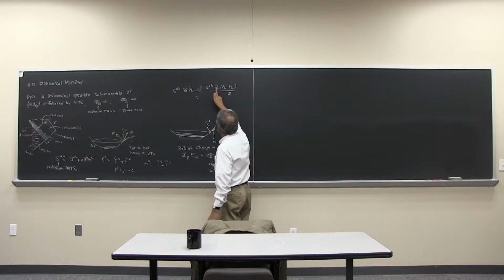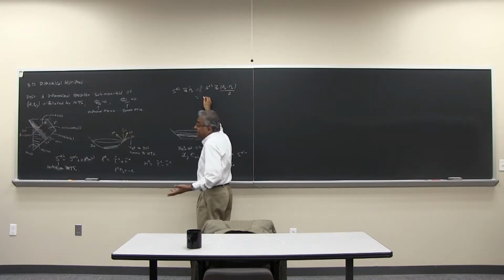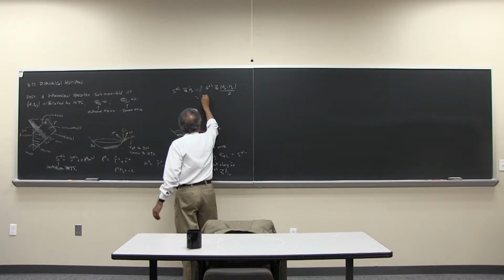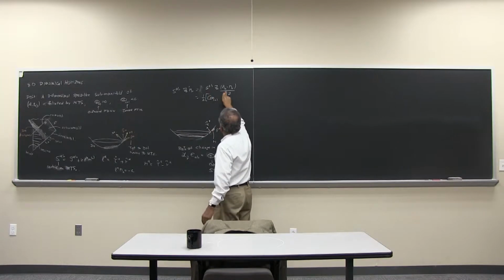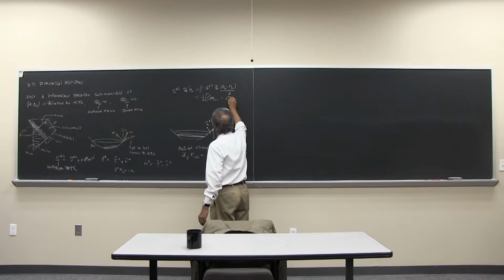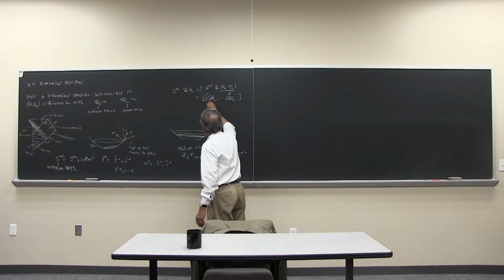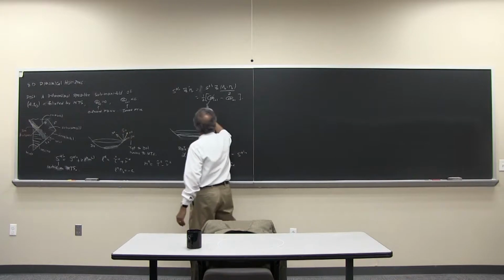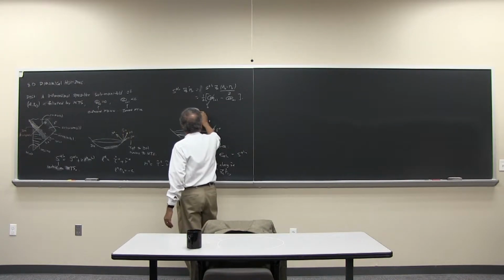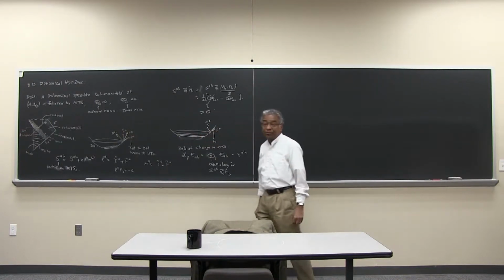The first is S^AB grad_A L_B, which is just the expansion of L, and S^AB grad_A N_B is the expansion of n. But this by definition is 0, and this by definition is negative. And I got a minus sign here, so therefore it follows that this is bigger than 0.